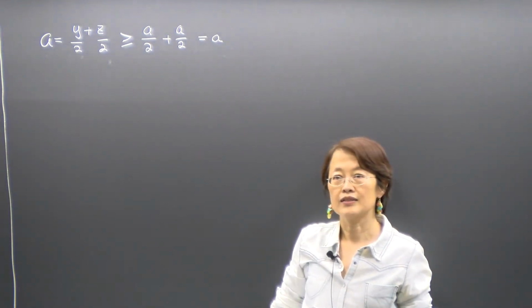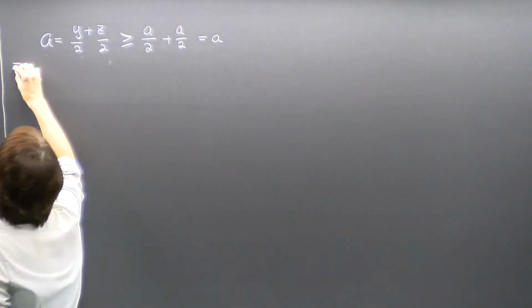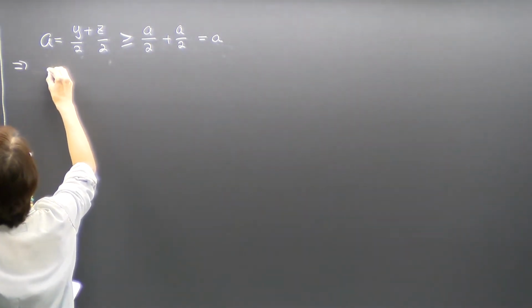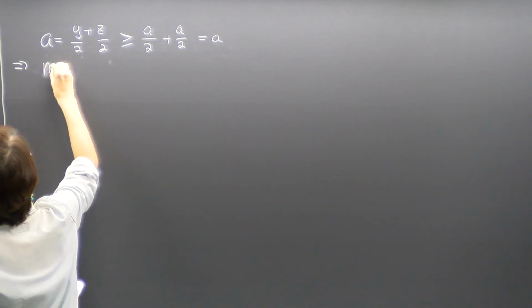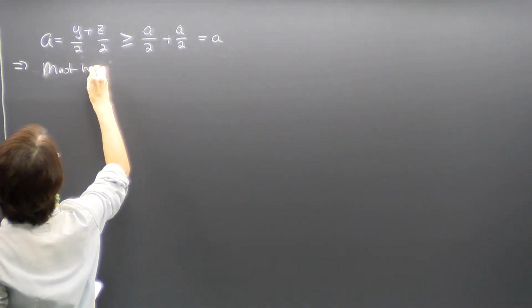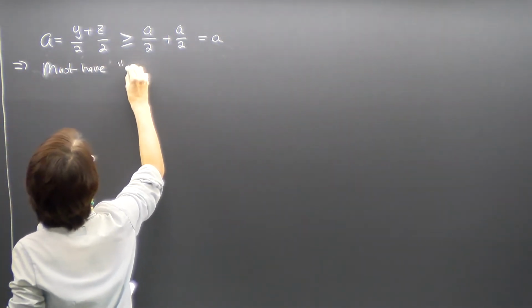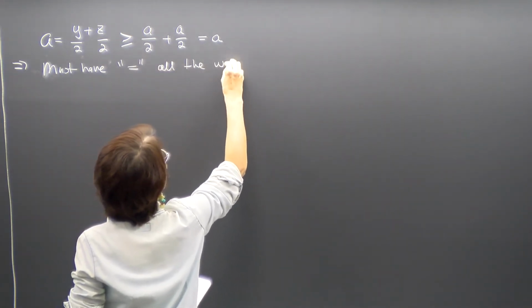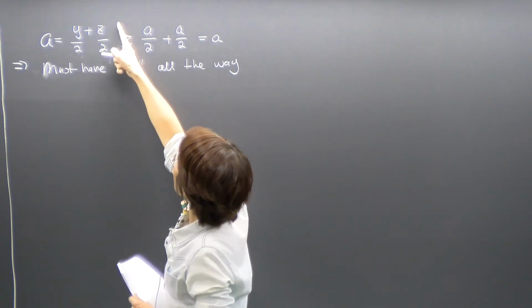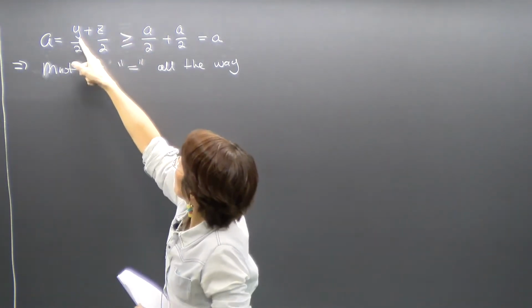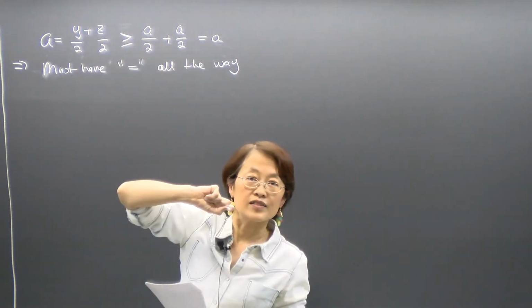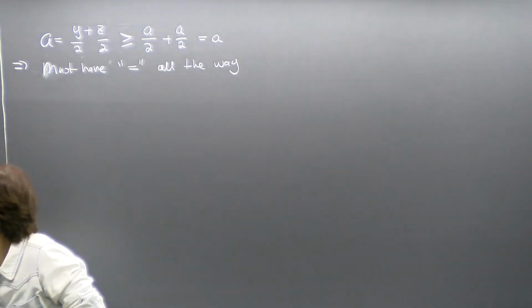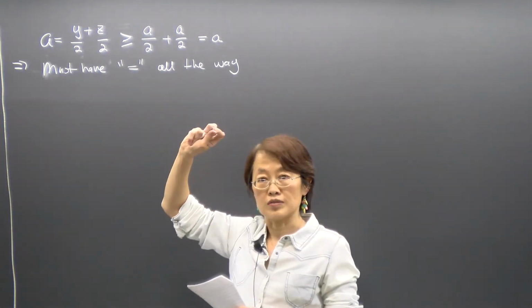Is that clear? So you must have equal all the way, meaning here you must have equal, and meaning y is a and z is a. That's the only value you can take to make it equal, right?